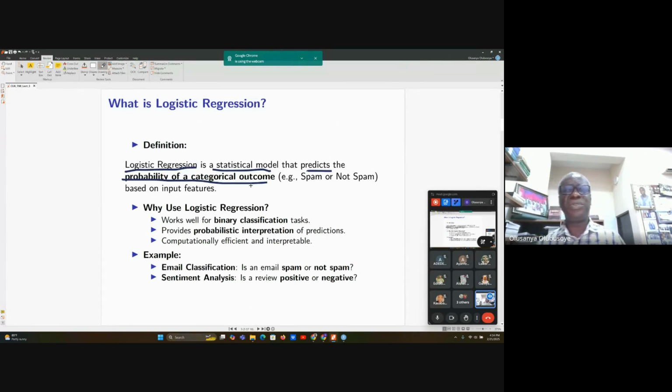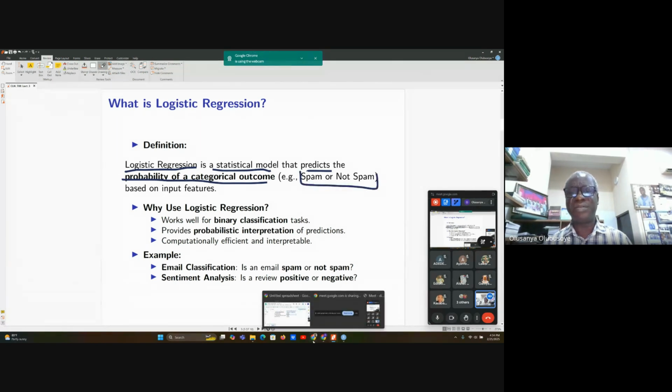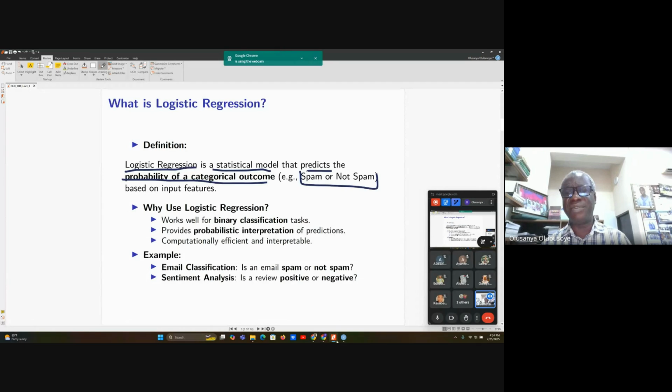Now, that's the definition. So for the categorical outcome, another example is if we are talking about emails. We can categorize them as spam or not spam.